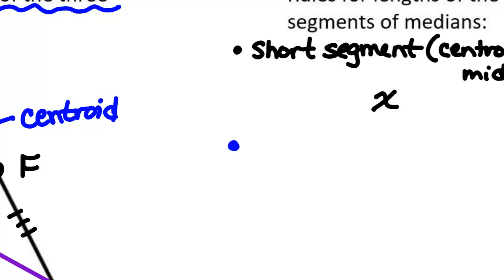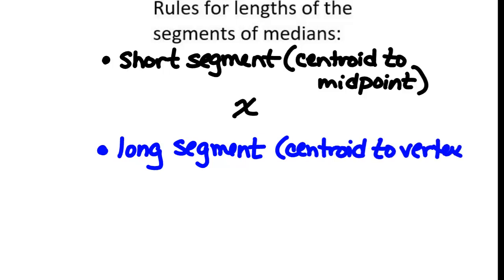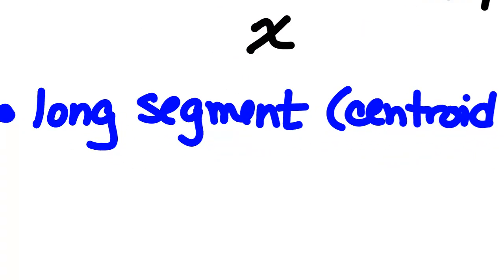The longer segment, which goes from the centroid to the vertex, is twice as big. So we're going to label that as 2x.